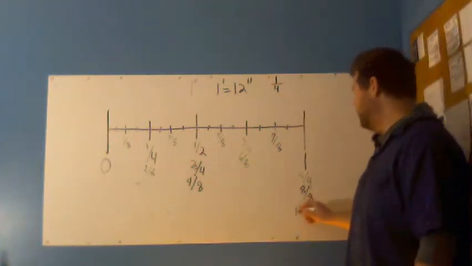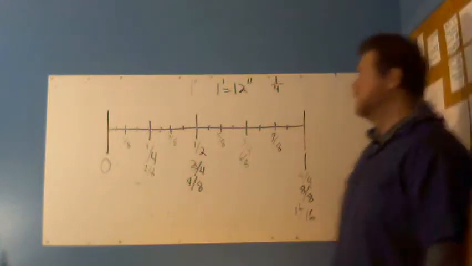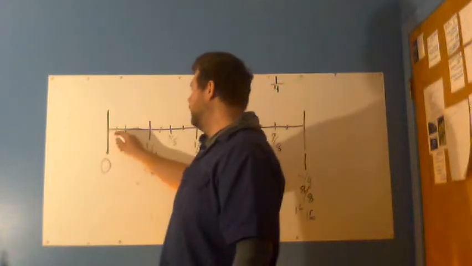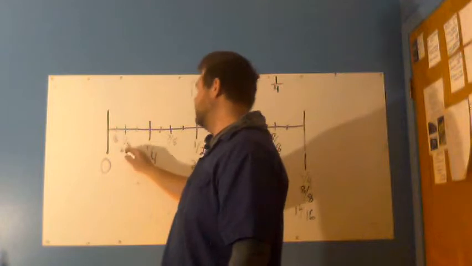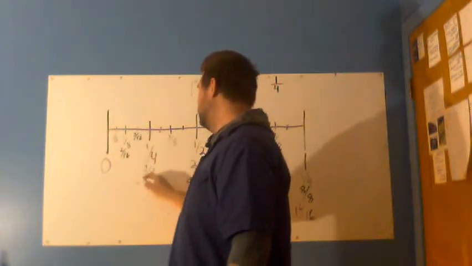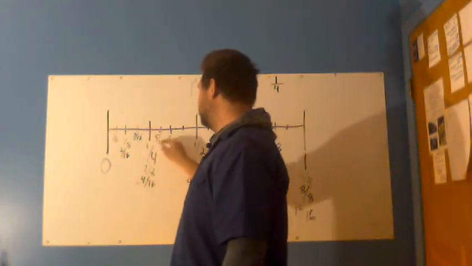So our whole would be 16 parts. When we're at 1, 16 out of 16, 16 16ths. So right here, 1/16. Then we add another 16th, 2 16ths, 3 16ths, 4 16ths, 5 16ths.